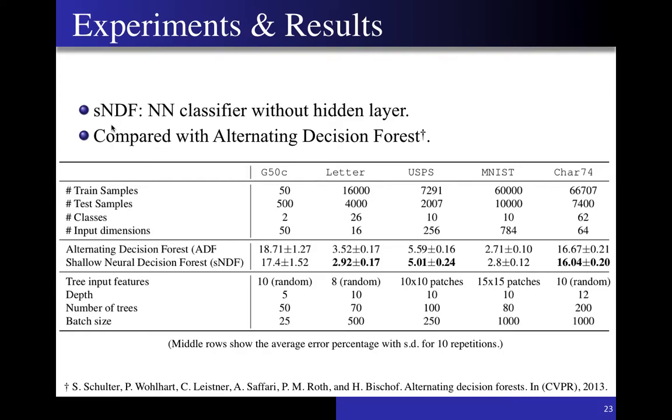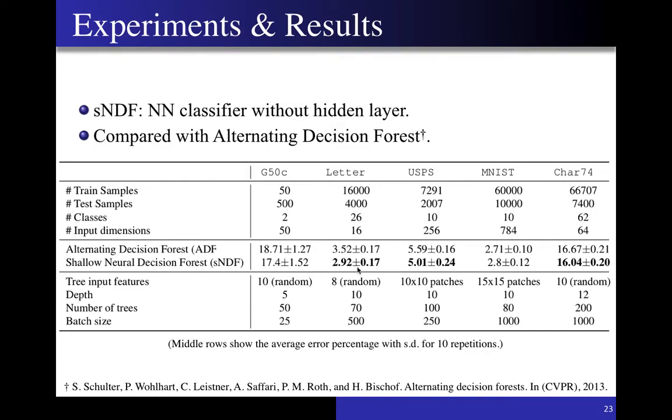Here a comparison is done between this and the alternating decision forest, which is another approach proposed in 2013. We see that the shallow neural decision forest achieves better average error.